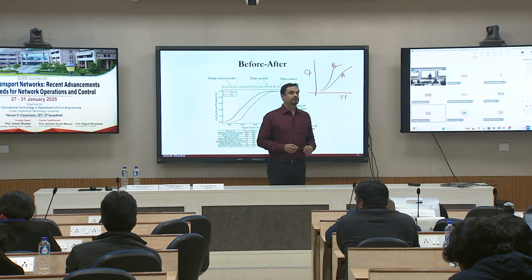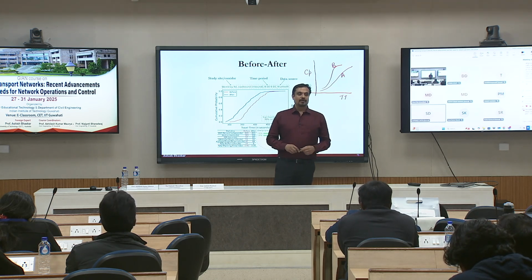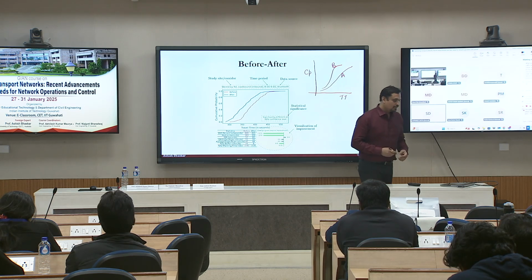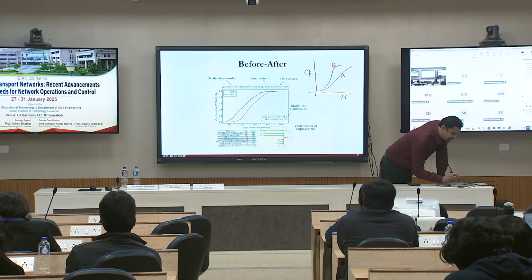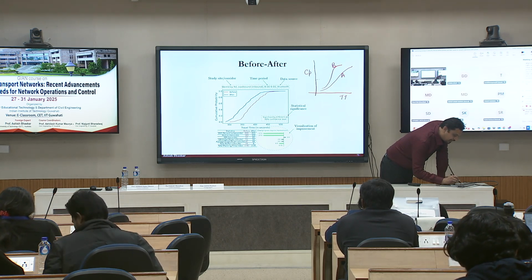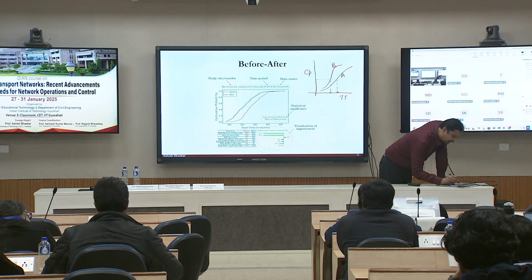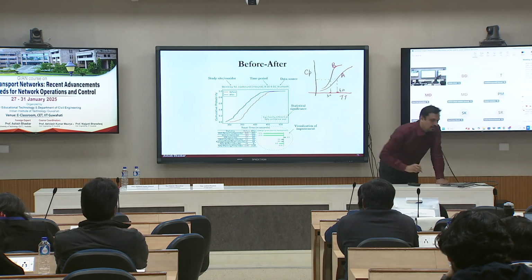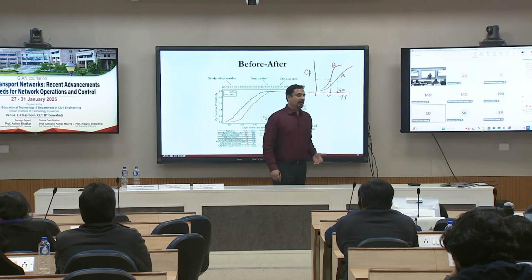If I look at, let's say, this is the 50th percentile, I had a travel time of 300 before. Now I have a travel time of 400. So my travel time has increased afterwards, right? Yeah, it has increased, worsened.